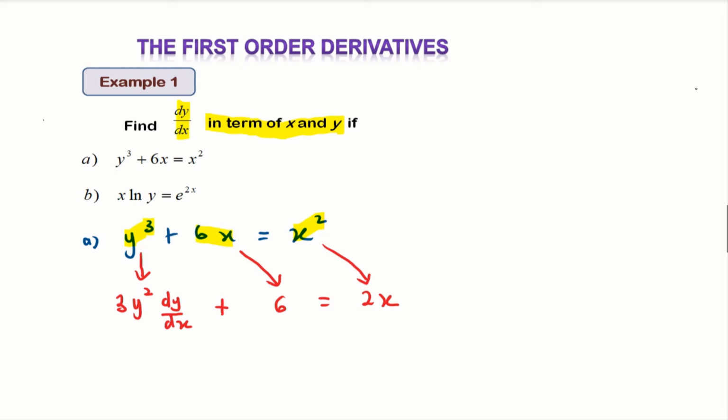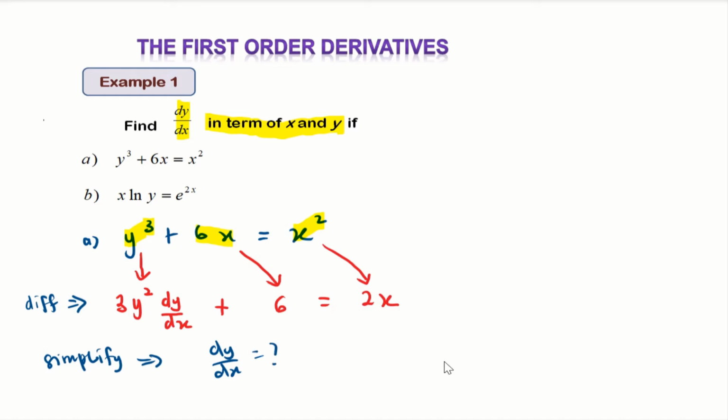Now kita nak buat dy dx sebagai subjek, dan di sebelah kanan should be ada x, ada y. So jadi kita kena pindah lah. So ni kita punya differentiate kat sini, and then kita nak simplify supaya dy dx as a subject.